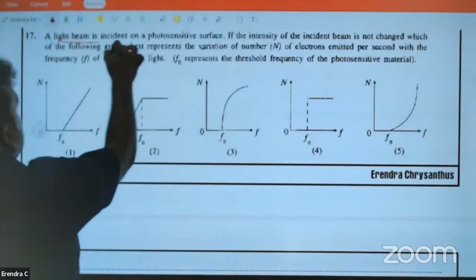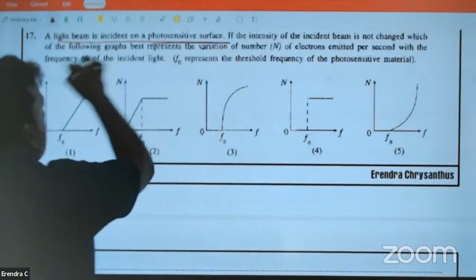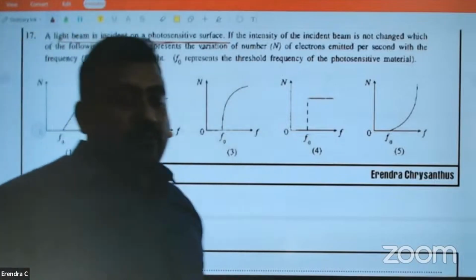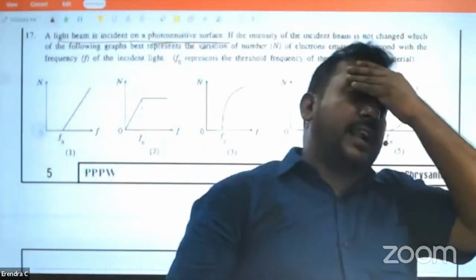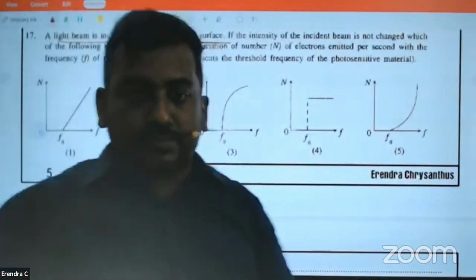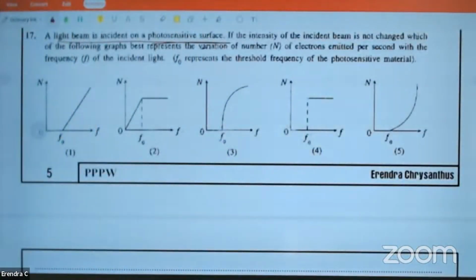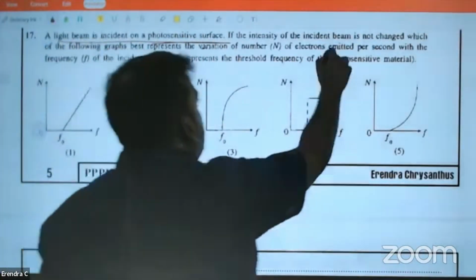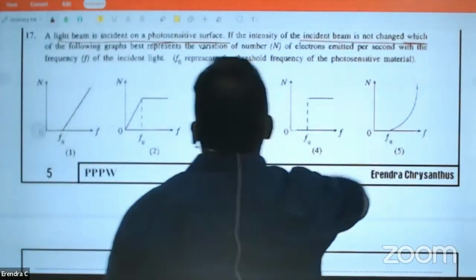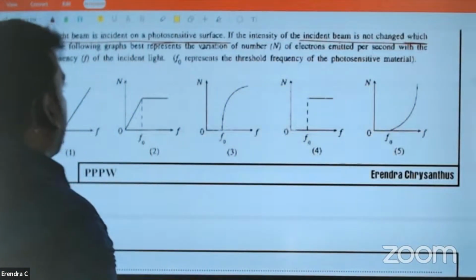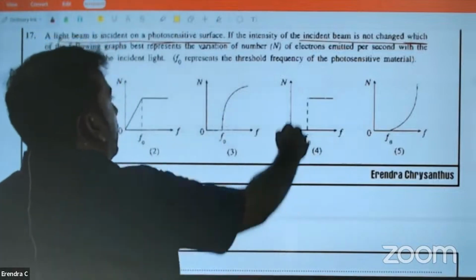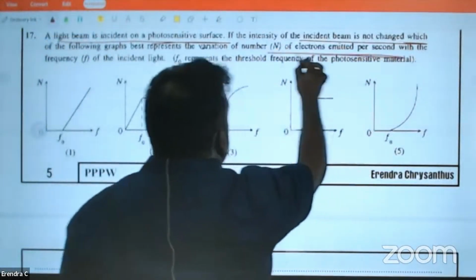A light beam is incident on a photosensitive surface. Photosensitive means you learn this under the photoelectric effect. If the intensity of the incident beam does not change, which of the following graphs best represents the variation of number of electrons emitted per second?